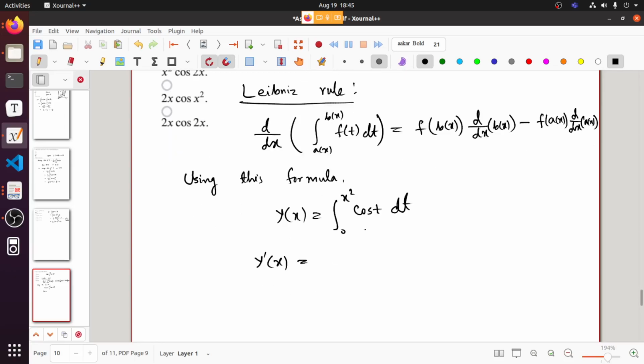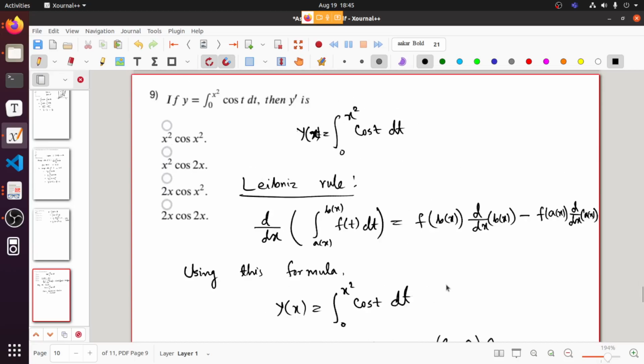First you put cos of x square, then differentiate x square with respect to x, which is 2x. Minus, you put cos 0 and differentiate 0, which is again 0. So this part gives 0, and you get 2x into cos x square. This is the derivative of y, 2x cos x square.